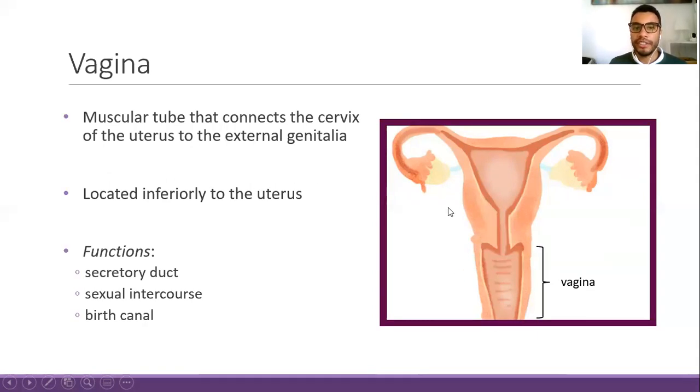So located inferiorly to the uterus, and the main functions of the vagina are that it serves as a secretory duct, because there are many glands here that secrete substances for lubrication. Okay. The function is sexual intercourse, and it also acts as the birth canal.